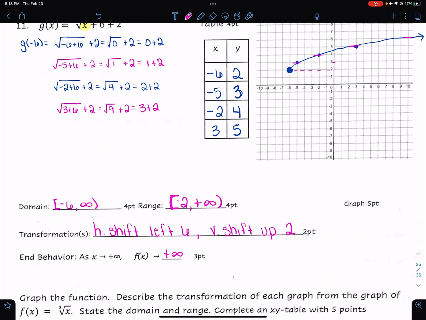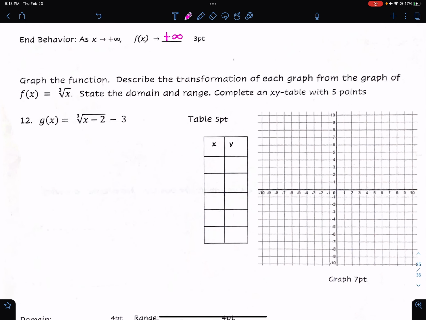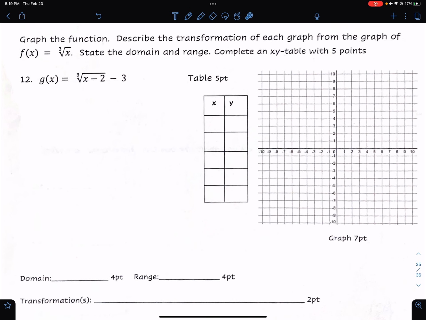Okay? All right, I am going to leave the one with the cube root for you to do the equations for, but I'm going to go ahead and fill in the table and the graph, but I'm not going to do the whole table on that, okay? So when you have this, though, you're going to take your radicand. So the radicand is x minus 2, and you're going to set the radicand equal to -8, -1, 0, 1, and 2. This time you're going to have 5 values that you're going to set it equal to.